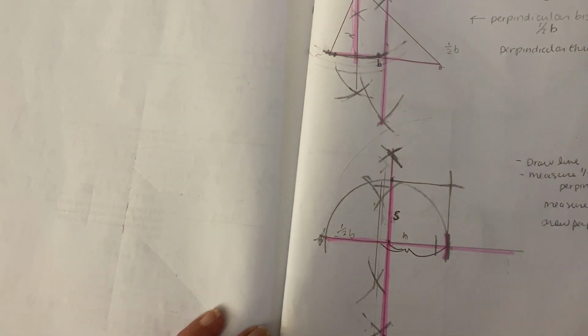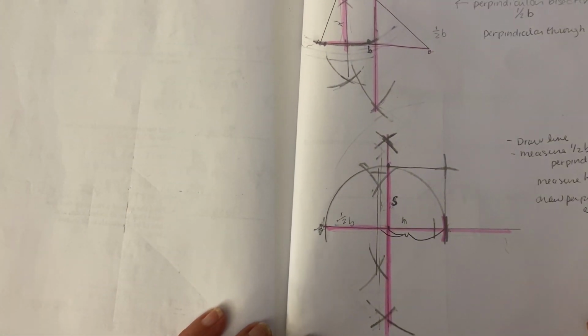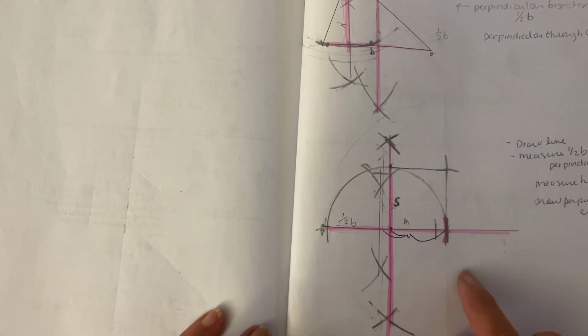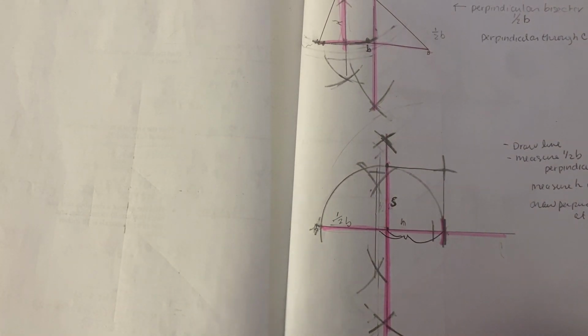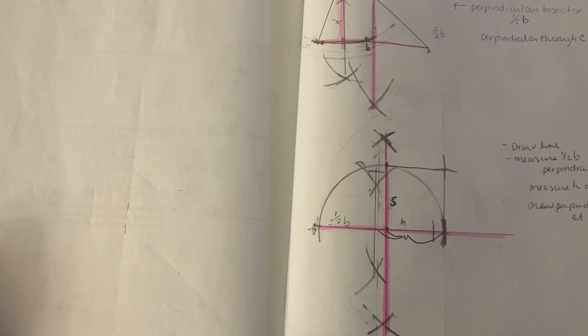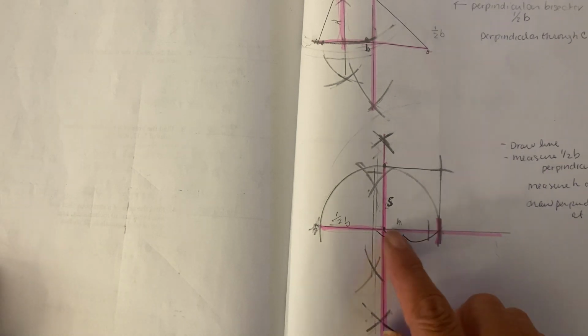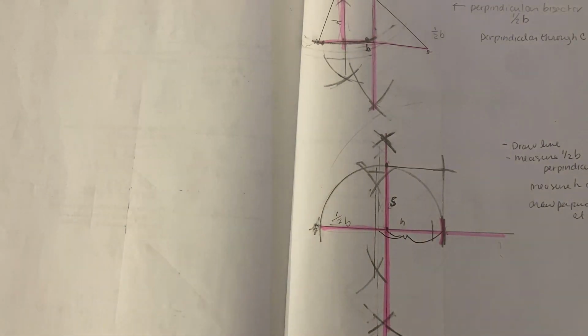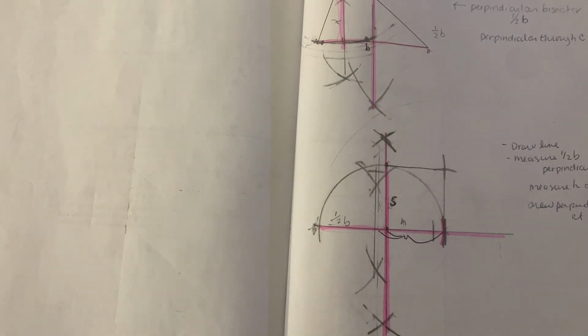And so now that we have the height, on this quadrant, we have the 1/2 B, we know that this is going to be 1/2 B here, the height and everything, so we know the height. We can actually put together what the square is.